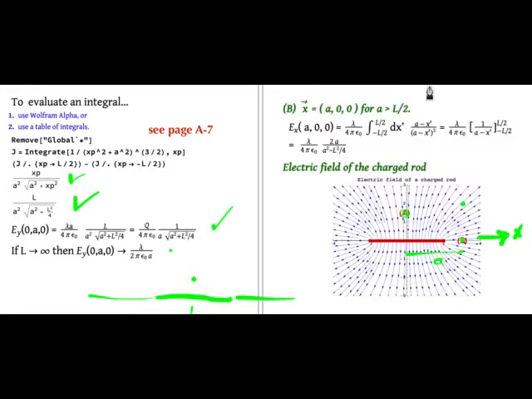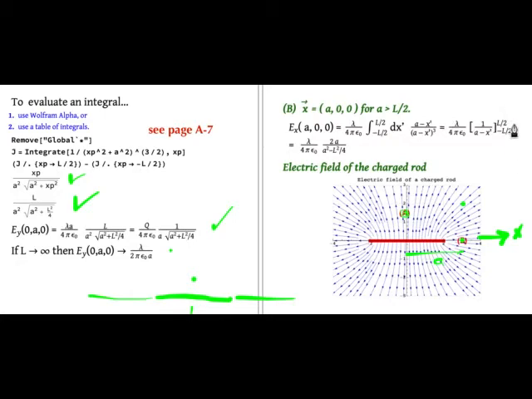Now that's an elementary integral. I don't even have to use Wolfram Alpha. The integral of dx prime over (a minus x prime) squared is 1 over a minus x prime. So there's the antiderivative of the integral.